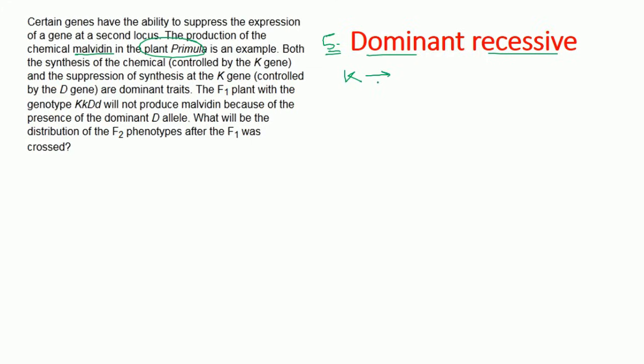K gene regulates the expression of this malvidin production, and K is regulated by a gene called D. So what happens is, the effect will not be shown if the dominant D gene is present.